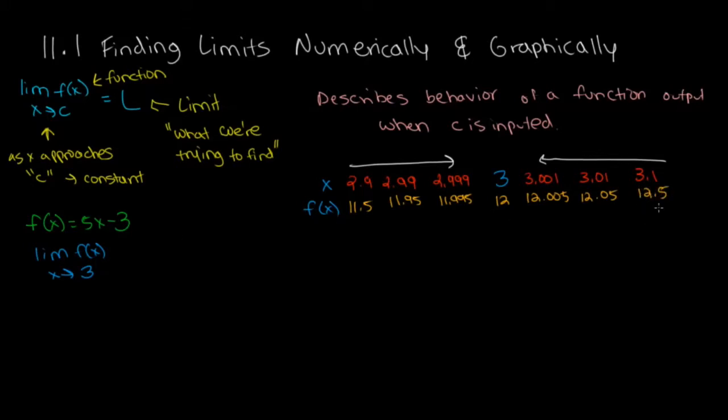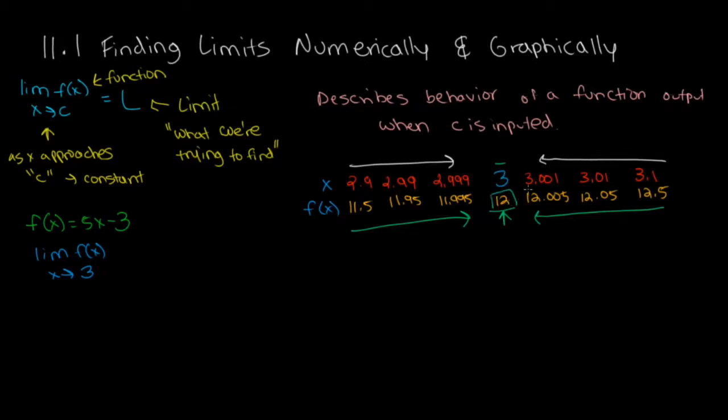So we can see that as we approach the value of 3 from both sides, we're getting closer and closer to this value of 12. As we come from the left, we're getting 11.5, 11.95, closer and closer to 12. And same with this side, we're getting closer and closer to 12 until we hit the value of 12 at x equals 3.